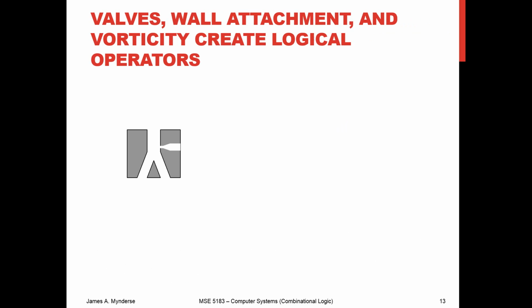So let's look at this particular one. The fluid's coming in, and it's branching, and we've got this additional signal that we might add here, and if we add that signal, it's going to stop the flow through the rightmost branch. So we can affect the fluid by adding this additional smaller stream.